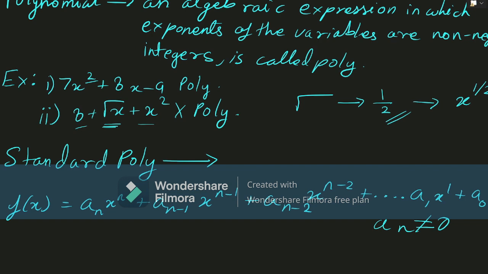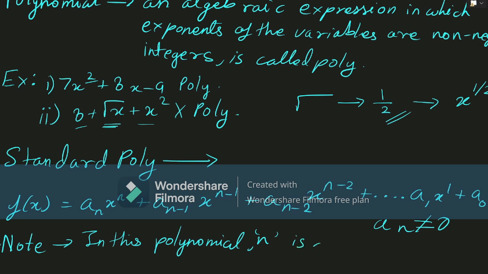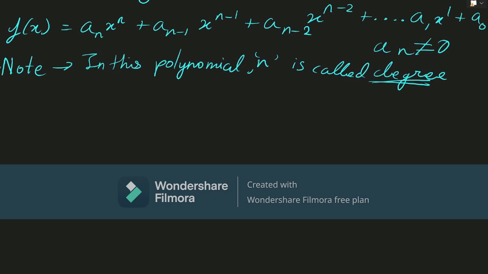Okay, now there's one thing to note here that you must remember. Note: in this polynomial, n is called the degree of the polynomial. Now, what is the degree of a polynomial?